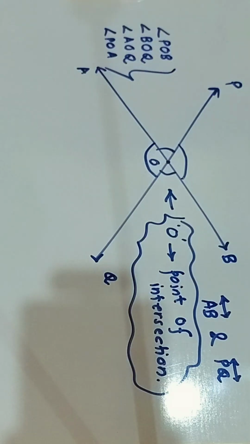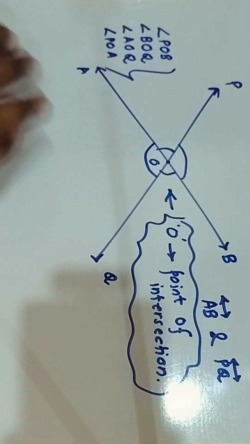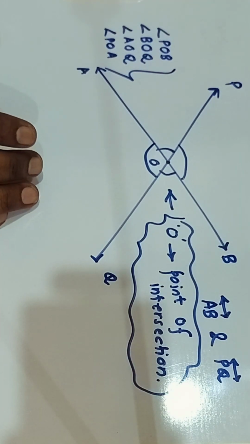So whenever two or more than two lines intersect each other at any point, it gives rise to various angles.